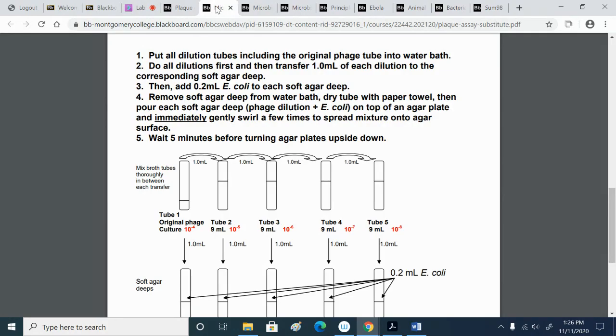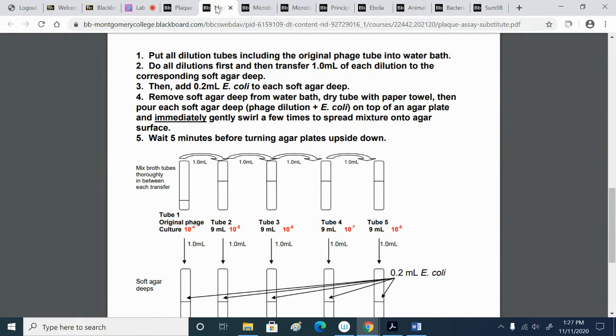So in this experiment, it's actually much simpler to do all the calculations because everything is 1 milliliter. All the transfers are 1 milliliter. The amount you're going to ultimately put on the agar plate is 1 milliliter, so that makes all the calculations much simpler here. But we're adding 1 ml into 9, so that's a 1 to 10 dilution.